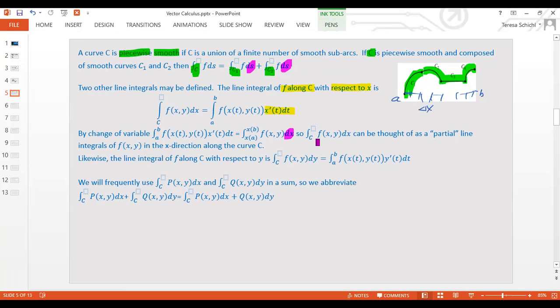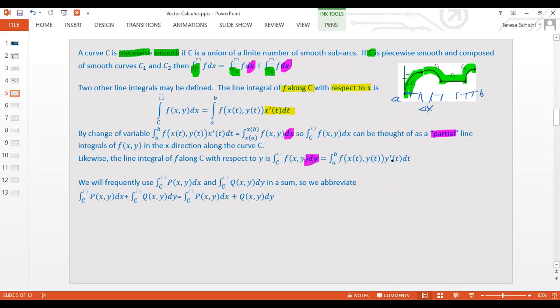Sometimes people say f of x dx can be thought of as a kind of partial line integral in the x direction. It's not the true arc length. The same way you can do for the y direction, right? When you do the y direction, you do it like here.